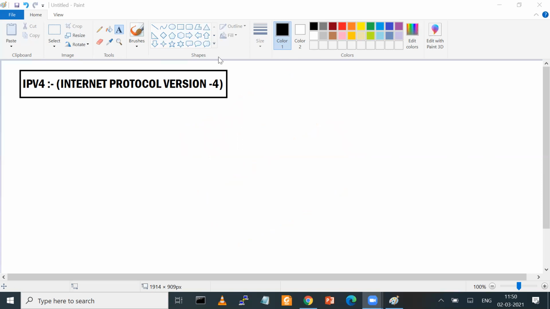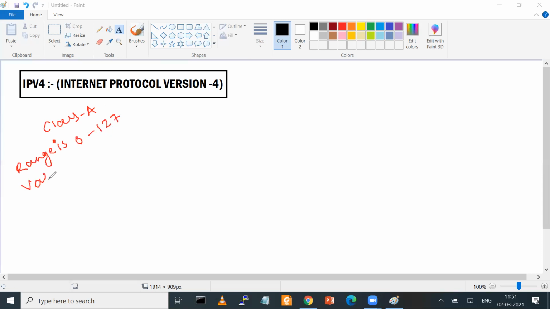Now let's understand the details of class A. क्लास ए की डिटेल्स क्या है वो हम समझते हैं. See guys, class A range is 0 to 127.